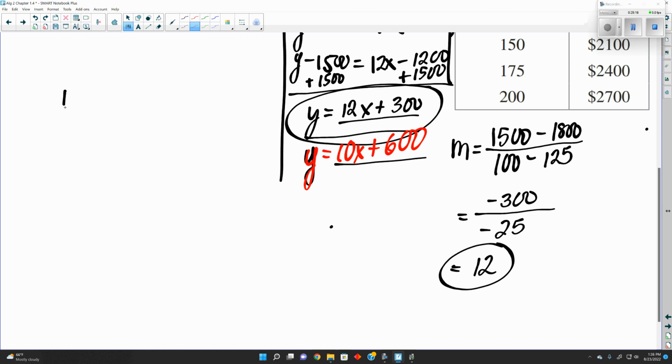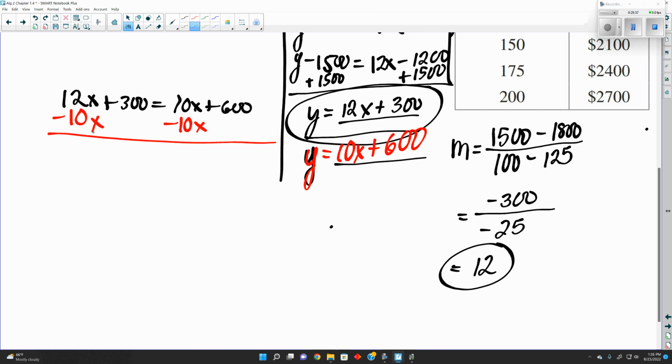So what we can do is set them equal. Now we just need to solve for the value of x. So the first thing we can do is, either one.